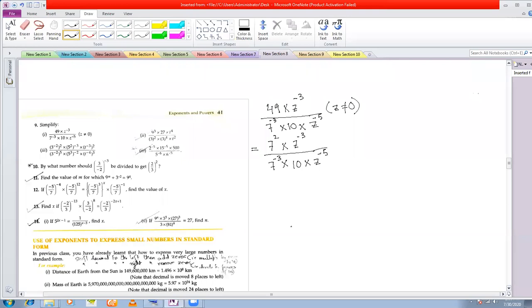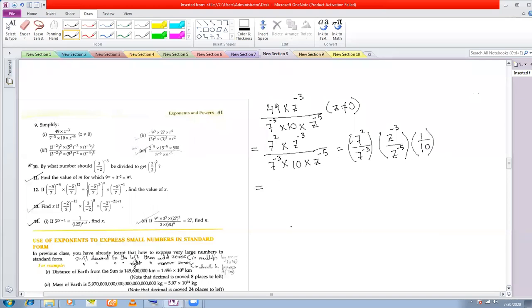Now you take the 7s together, 7 square divided by 7 to the power of minus 3, and all the z's together, z to the power of minus 3 divided by z to the power of minus 5. And this 1 by 10 remains as it is. Nothing to do here.